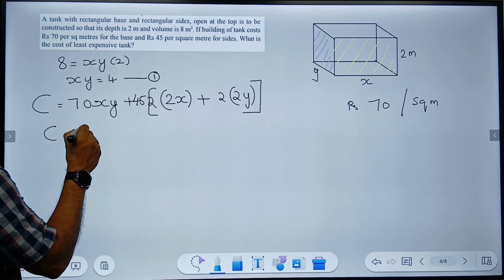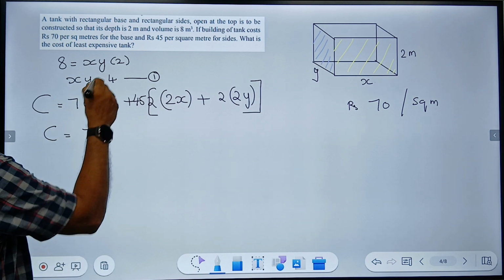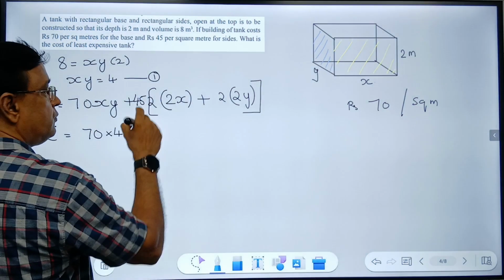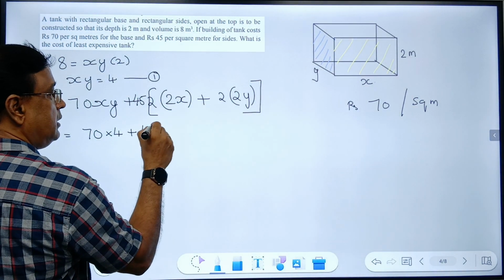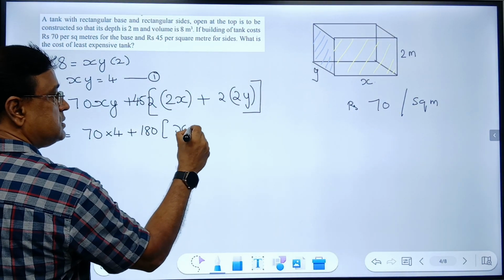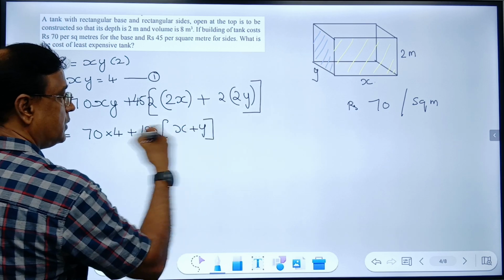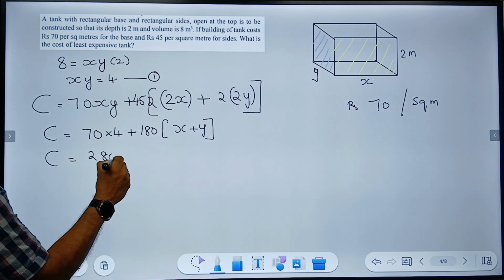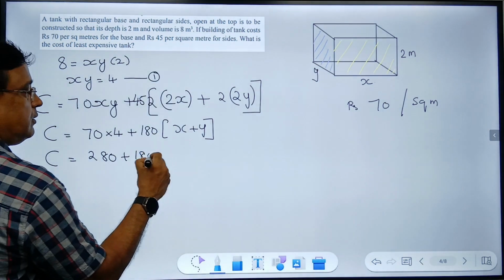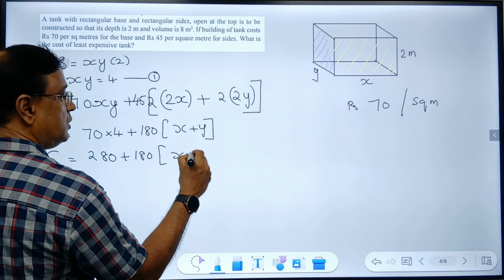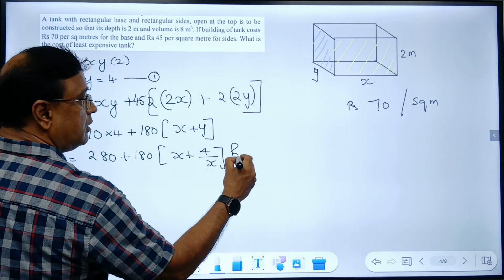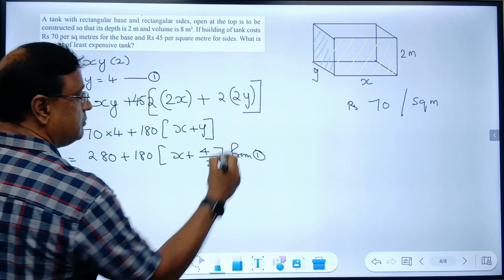Total cost will be 70 xy, xy is 4, so I put xy as 4, and here 4 is common, so I get 180 into x plus y, correct? So total cost will be 280 plus 180 into x plus y, what is y? Y is 4 by x. How did I get it? I got it from 1.